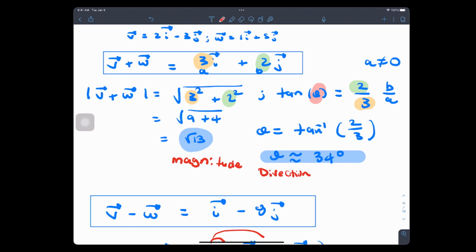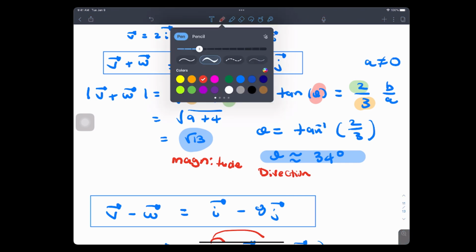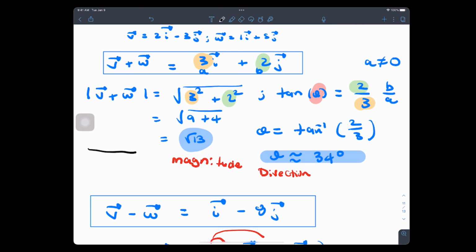Why do I say, does that make sense? Do you guys know? What quadrant is 34 degrees in? Good. What quadrant is the vector in? This is at 3, 2.